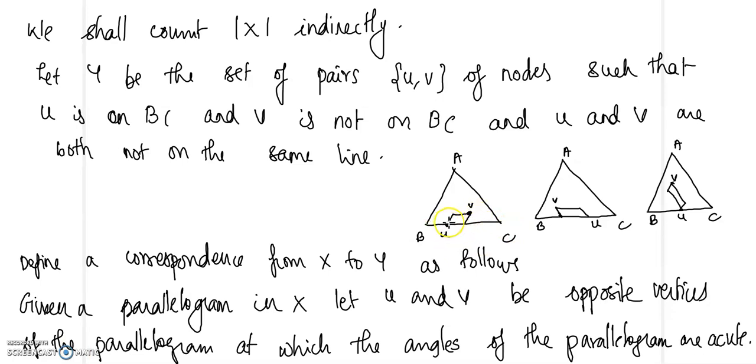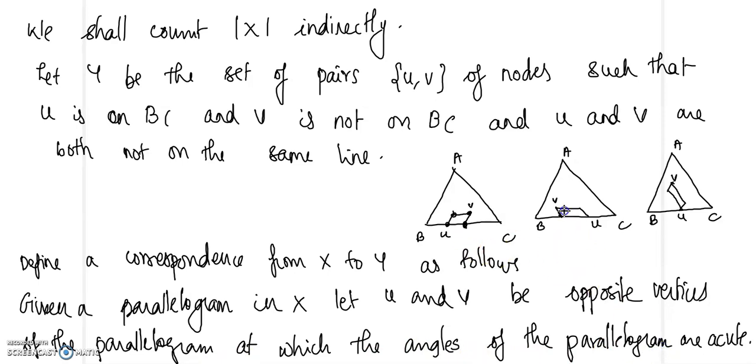When we count parallelograms, we will be counting each parallelogram exactly once only. If we took the other nodes, in that case you will have an obtuse angle, so your parallelograms will not be repeated. So given a parallelogram in X, I am taking U and V to be the opposite vertices at which the angles are acute.